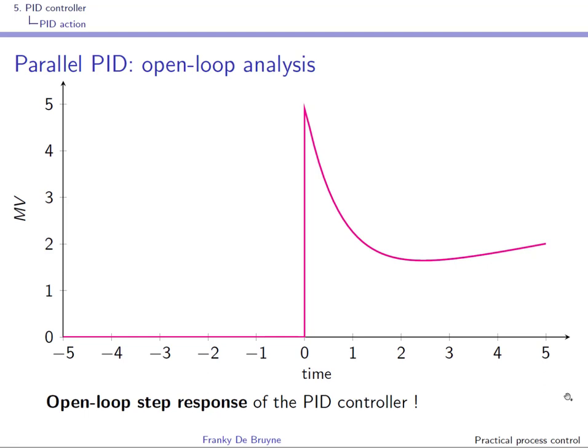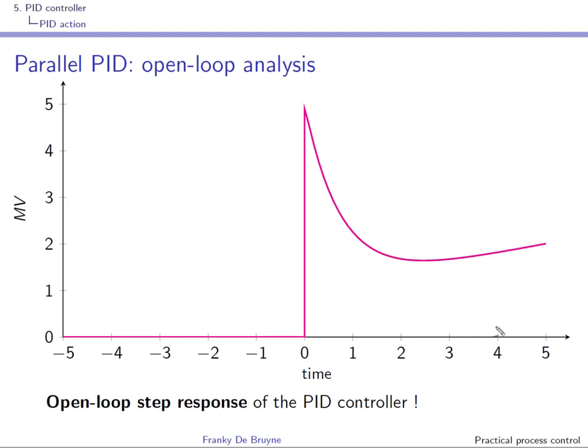Well, what you see here in magenta is the evolution of MV for the proportional plus integral action plus derivative action. So the following analysis you can only understand if you understand the open loop step response of the PI controller and that of the proportional derivative controller.